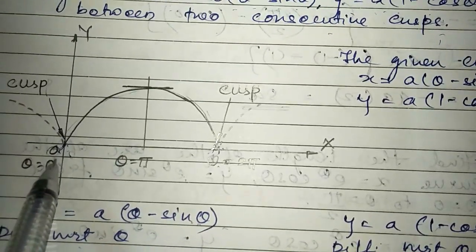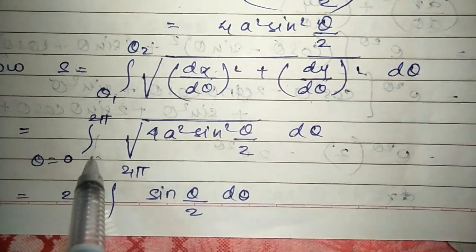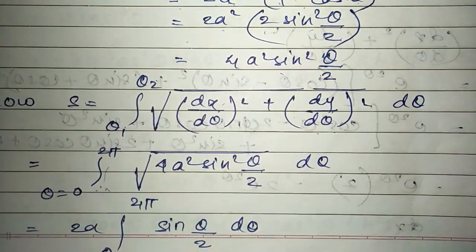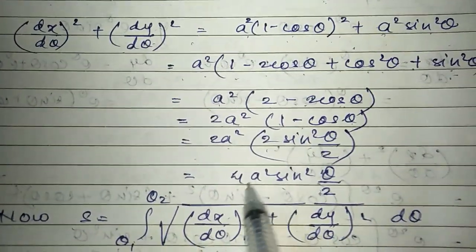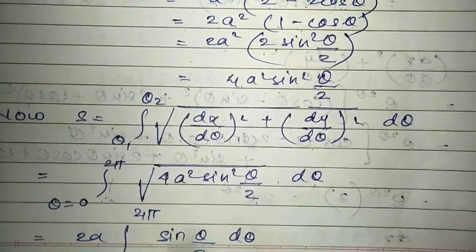So theta will be from 0 to 2 pi. So we have the integral from 0 to 2 pi of the square root of the term we found, 4a square sine square theta by 2, into d theta.